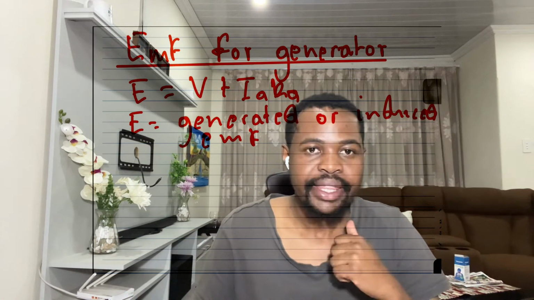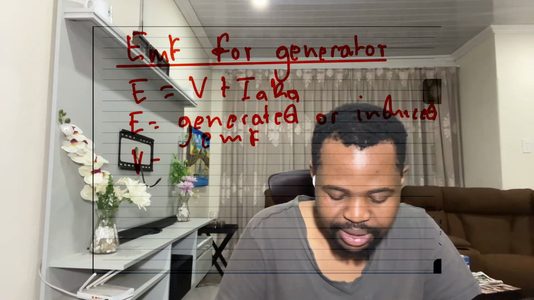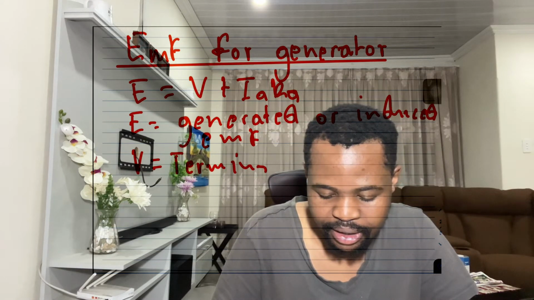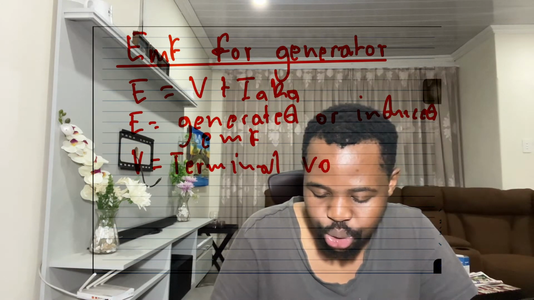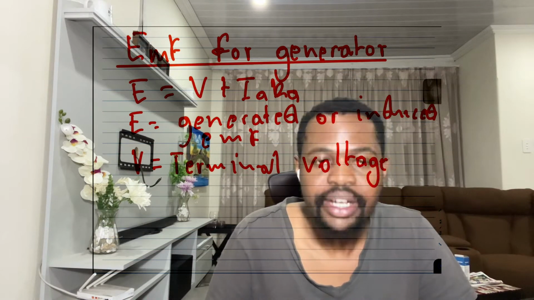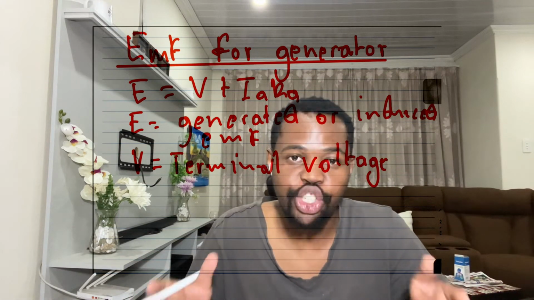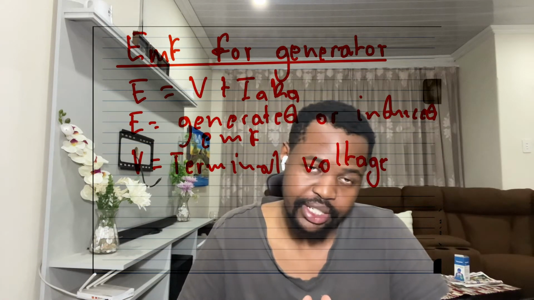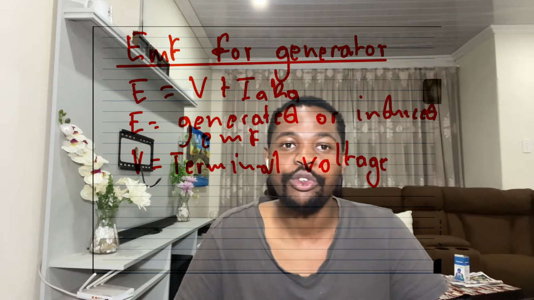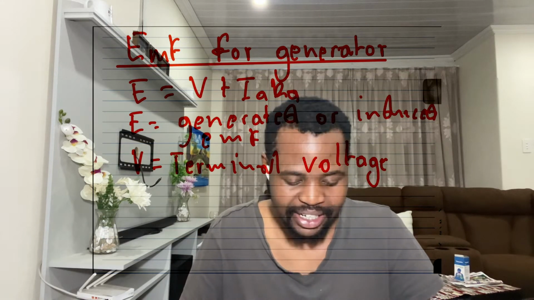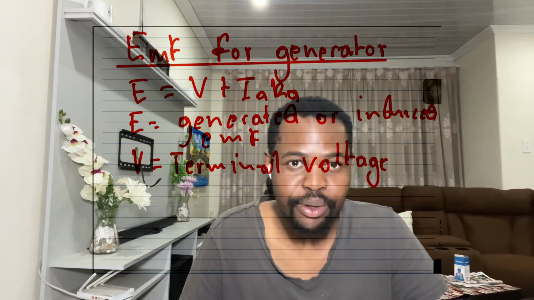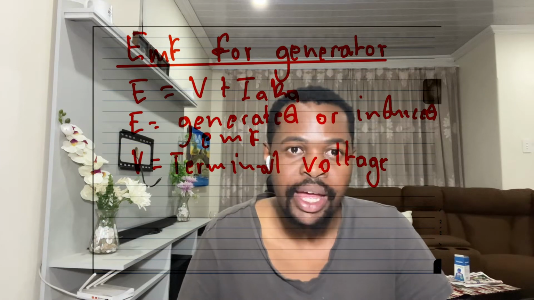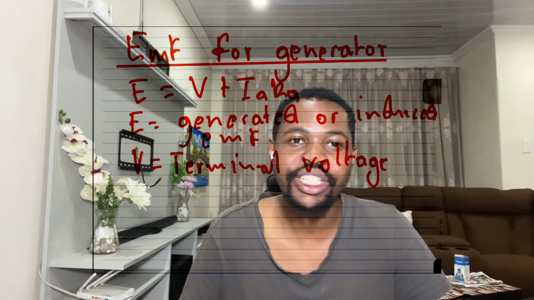Then guys, V is basically the terminal voltage. It is the voltage that you get at your output terminals. This terminal voltage would be slightly lesser than the EMF, because what we generate is not what we get at our output, due to the internal voltage drop.